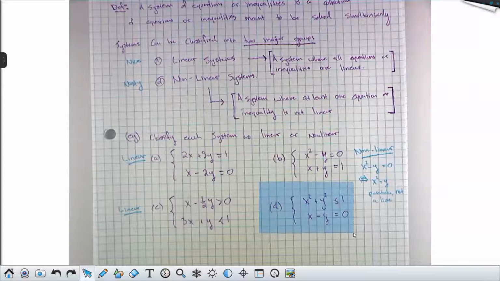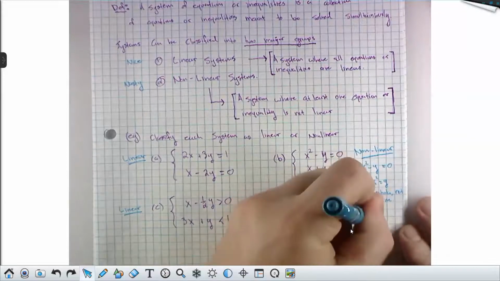Now, part D, this is a little bit weird. We've got an inequality in one and an equation in the other. Solving things like this can be very, very hard, can be very, very strange. But classifying it as linear or nonlinear is quite easy. Who can help me out? Is the object in D, the system here, linear or nonlinear? Yeah, perfect, Jacob. This is nonlinear.